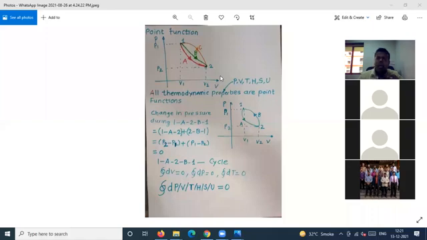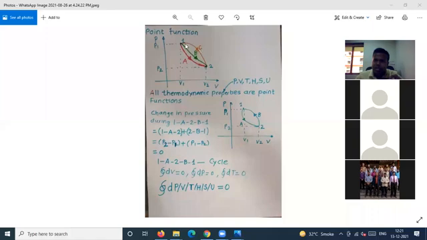No. Whether the process is slow or fast, it is nowhere related to the point function. I repeat, I need to move from state number 1, and let's say I opted for path A, so I reached point number 2, where pressure is P2 and volume is V2. Secondly, I opted for path B, still I am reaching the same point.